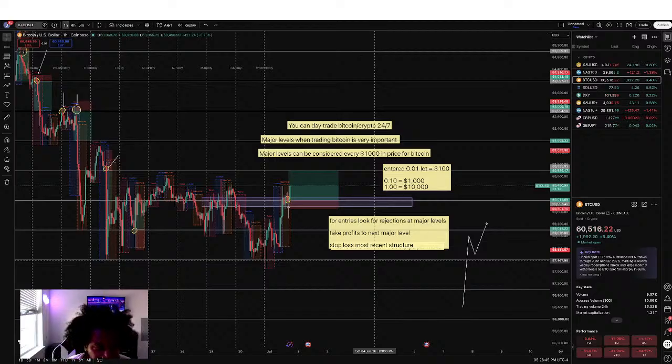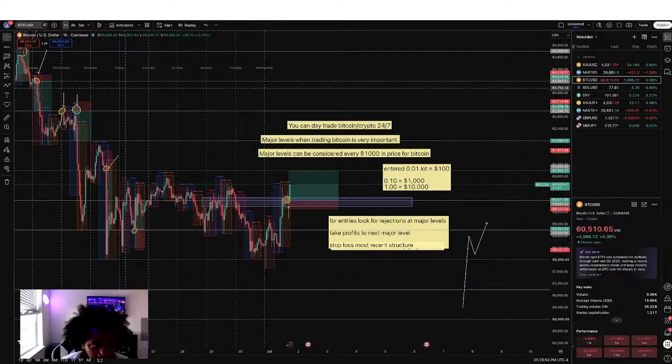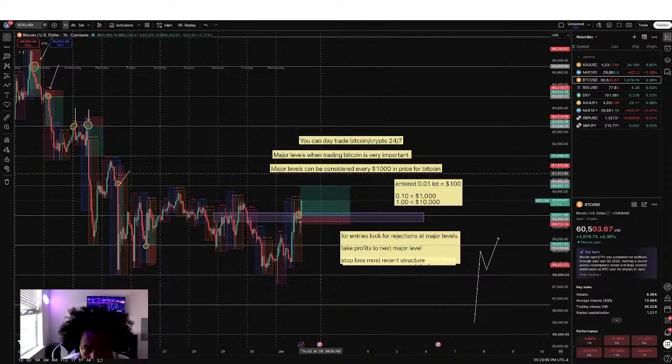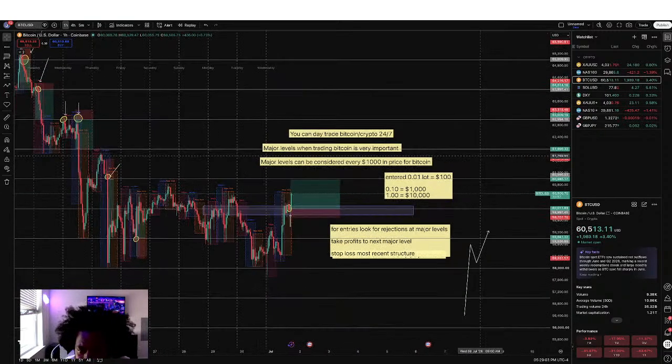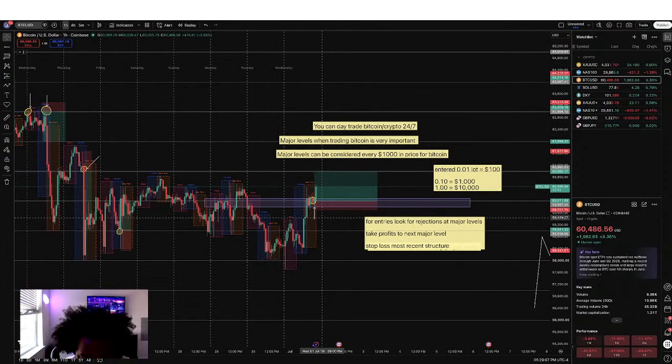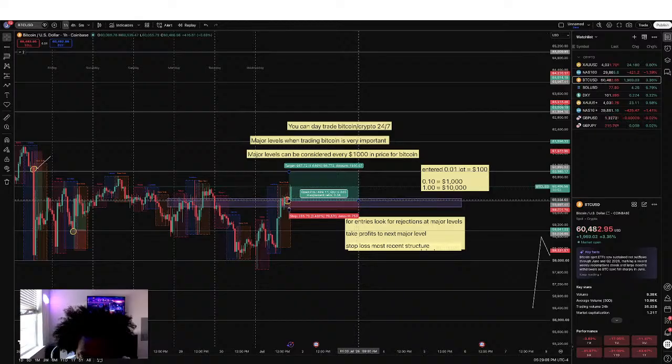So you can see all of these yellow areas are significant because I just went over and broke down how you can enter off of major levels within Bitcoin. For the major levels to be considered with Bitcoin, it's $1,000 in price. You can see how it's reacting right now.